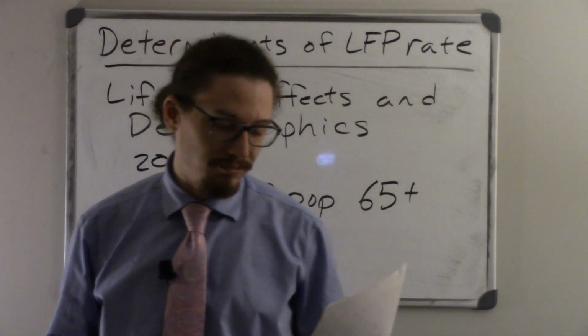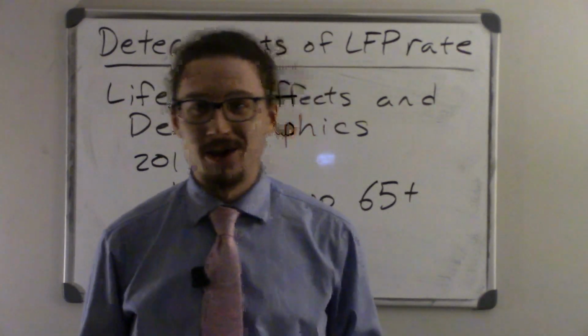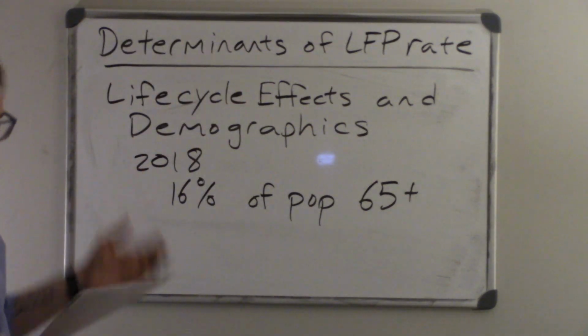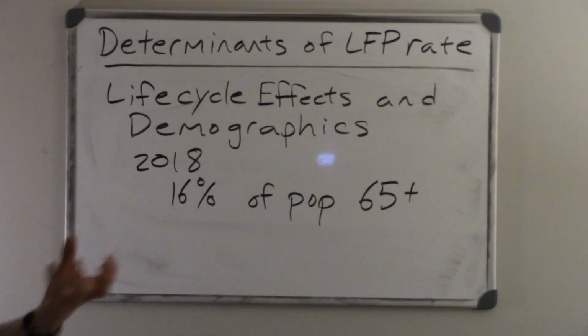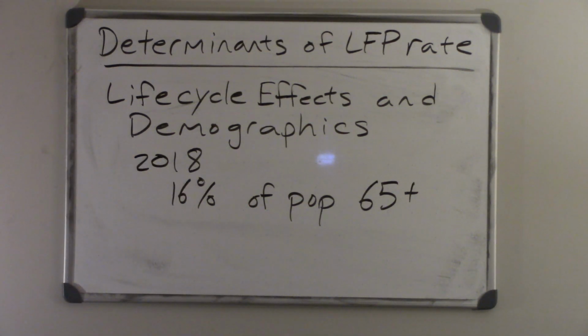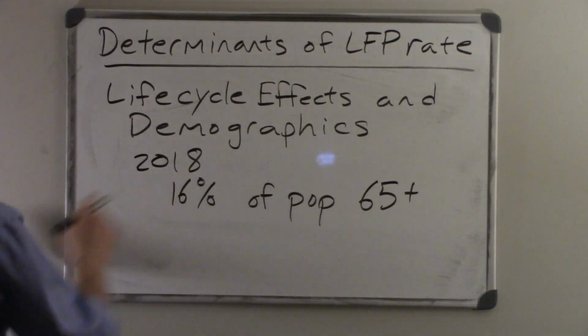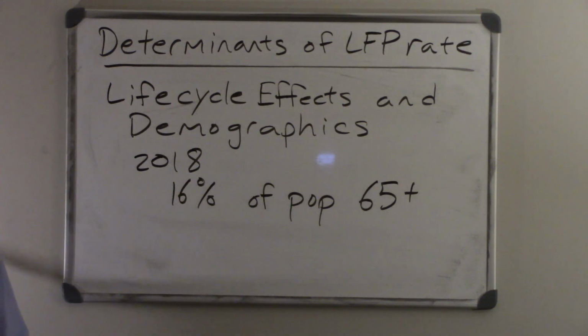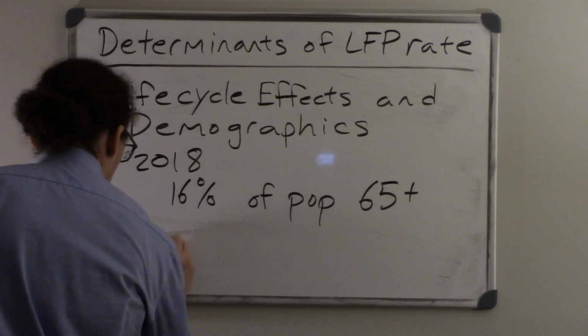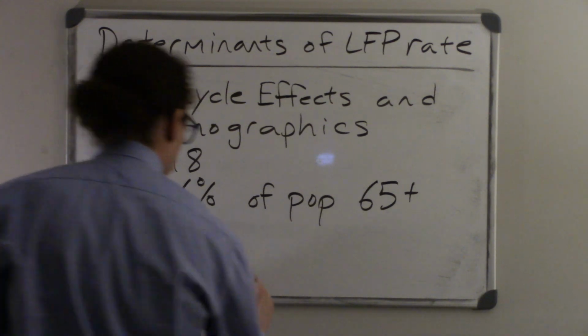So very few people who are 75 years old or older are working, which is what you'd expect. But all that to say, you can get the idea that as we get older, the likelihood that we're going to be participating in the labor force gets lower. In 2018, 16% of the population was 65 years old or older.